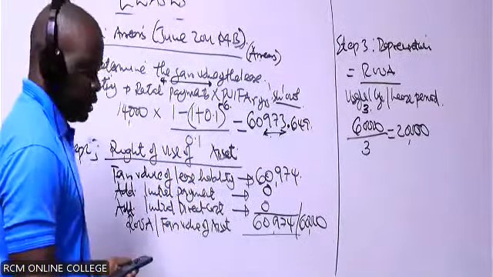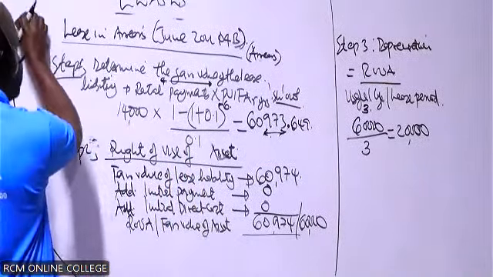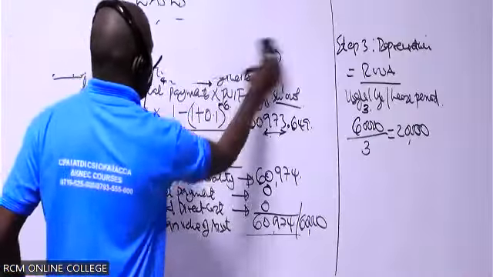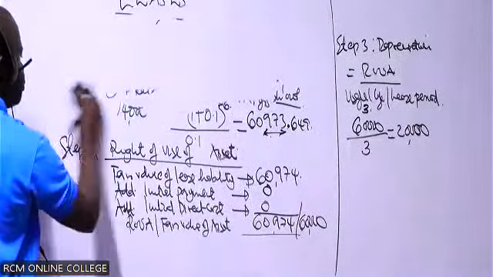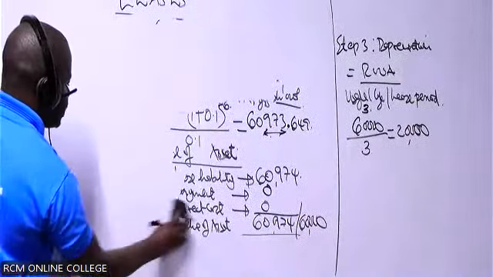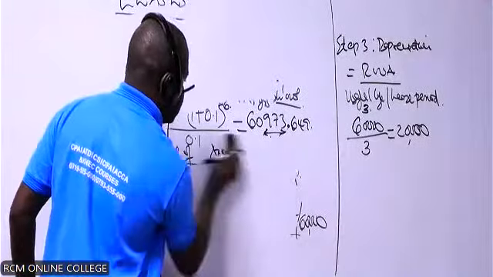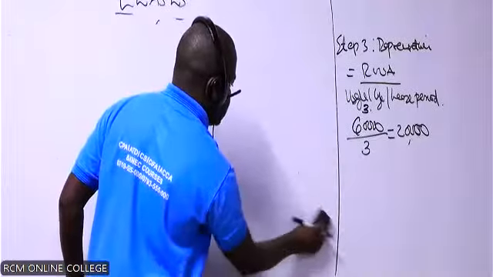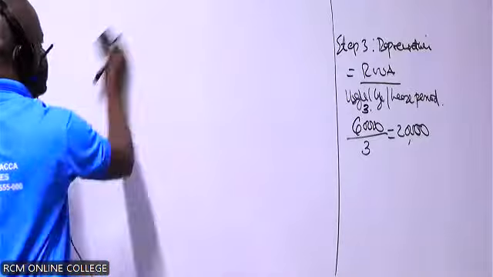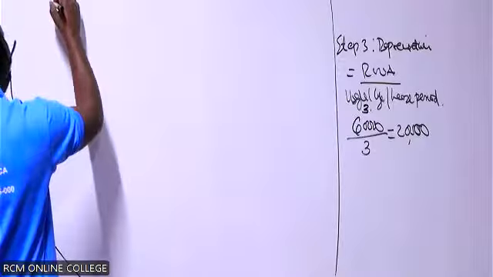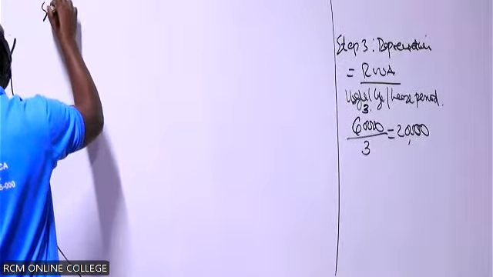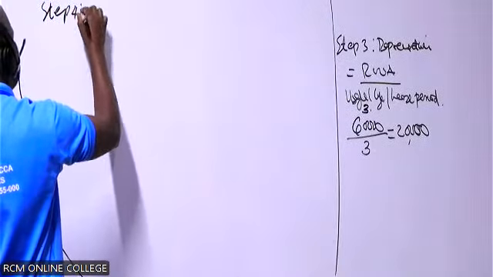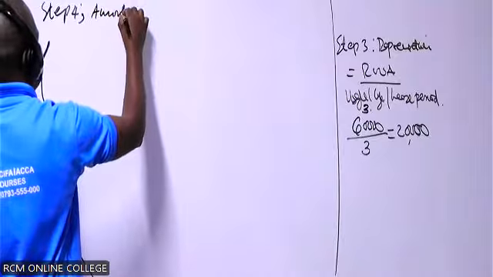And therefore, this is what you're going to do to present the lease amortization schedule. So you'll come up with step number 4, the amortization schedule.